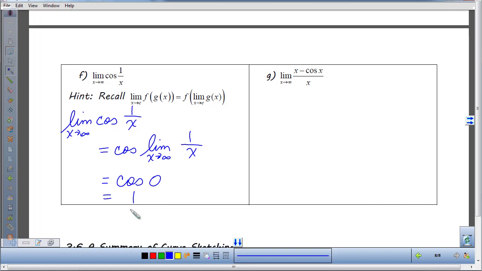All right, and then finally, we've got the limit as x approaches infinity of x minus cosine of x divided by x. So what I'm going to do is distribute that x.